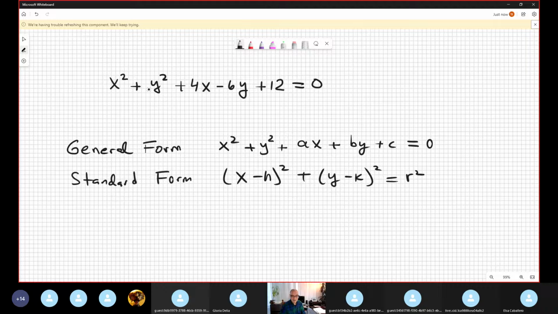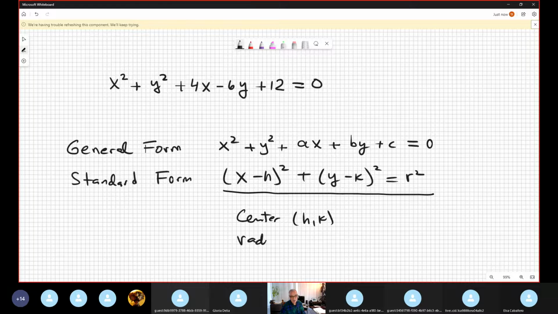This is nice because I see very well the center is located at the point (h, k), and the radius is r. Now, if r squared is given in the equation and you need to find the radius, you find the square root of this number.